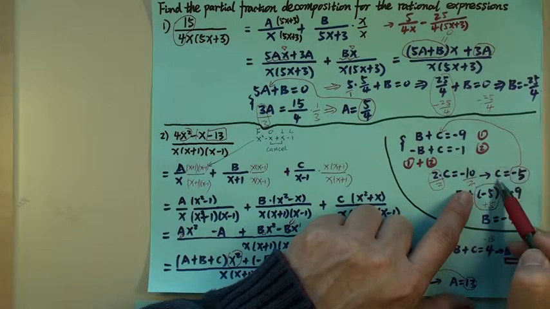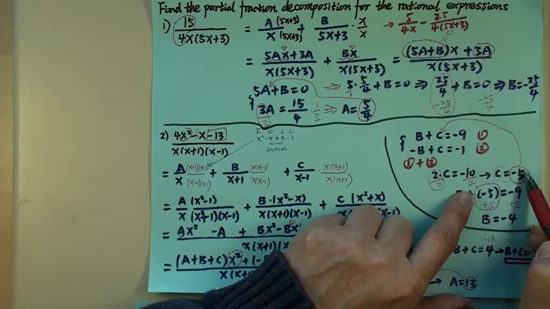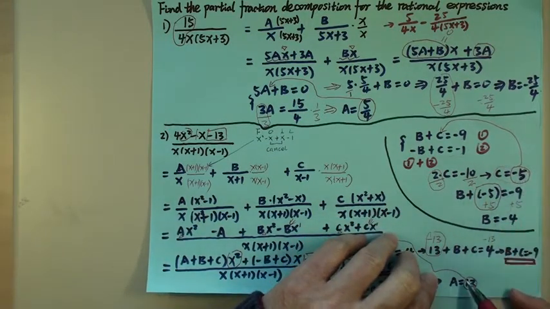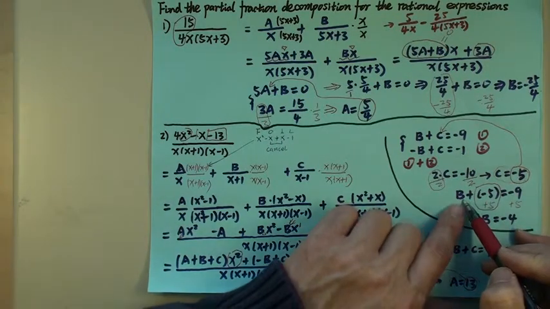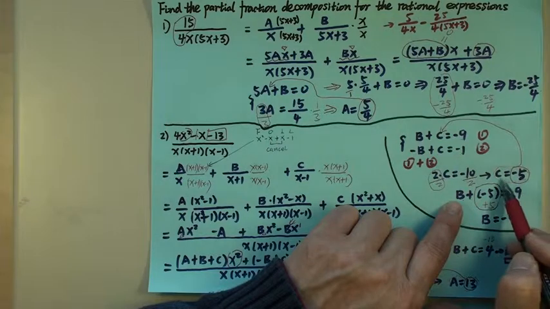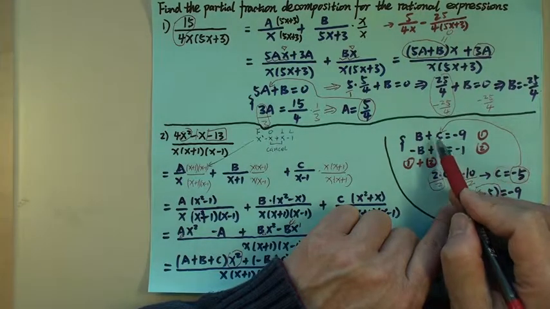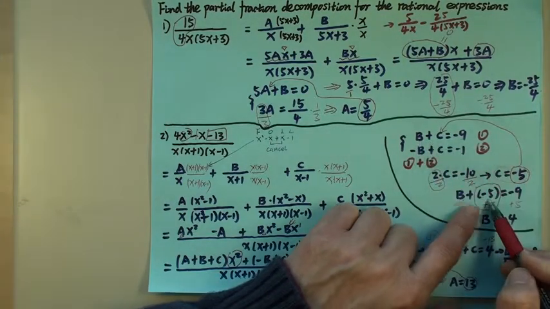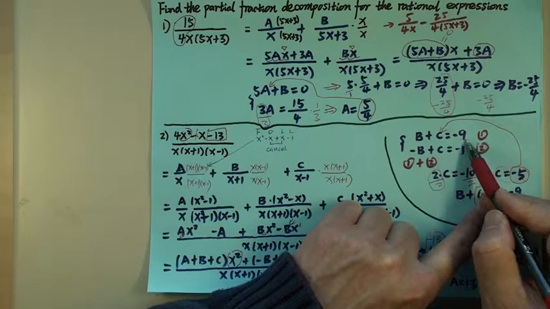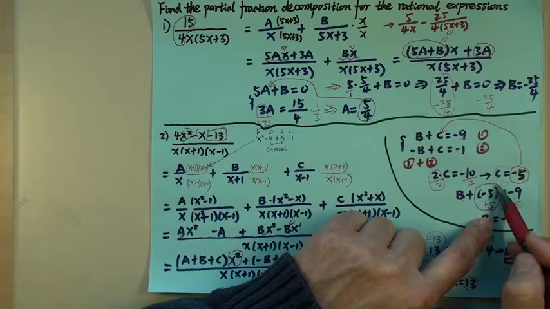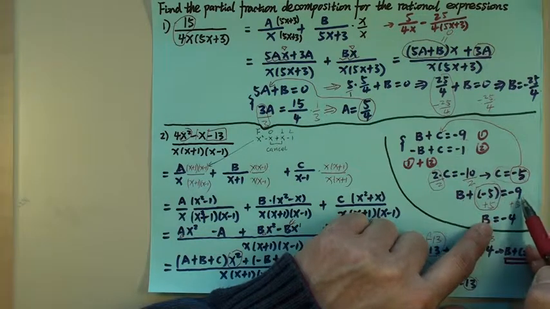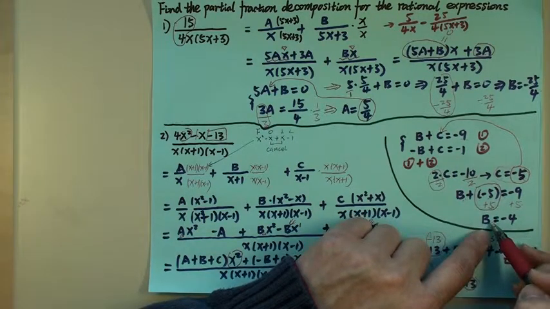So we are glad c is negative 5, and we already know a is 13. So our business is to find b. How? Negative 5 is c, you put it back. So you have b plus negative 5 is negative 9. Both sides add 5, you may cancel positive and negative, then b stands alone on the left.